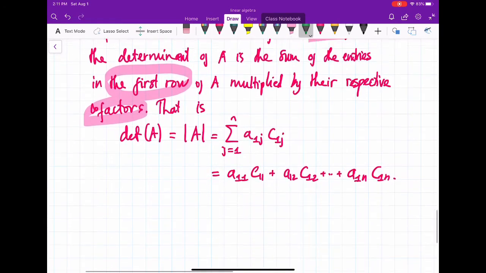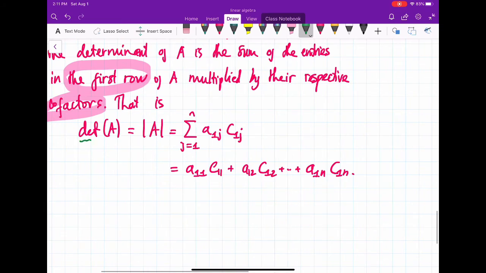Okay? So that is the determinant of A. This is also the notation for the determinant. It is equal to the sum of the products of entries on the first row and their cofactors. You take the sum of those terms and you get the determinant.